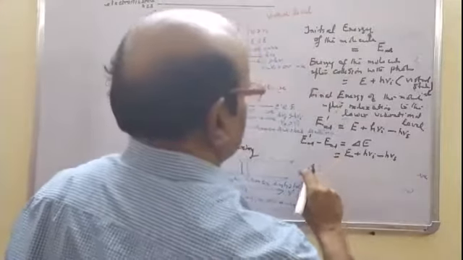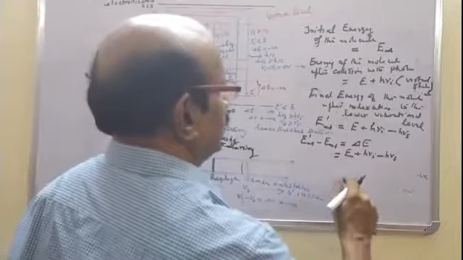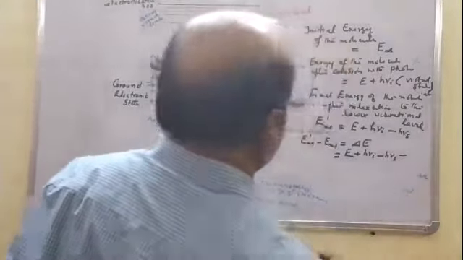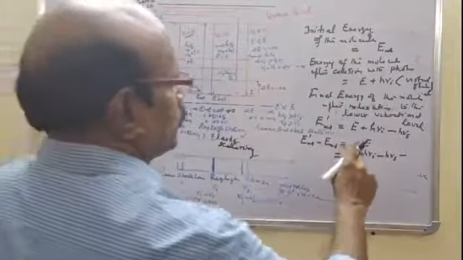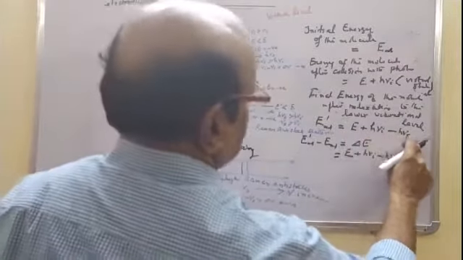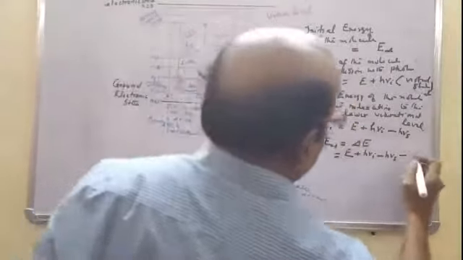Okay, that's minus. ഇത് നമ്മൾ എടുത്തു. E dash mole is E plus H nu I minus H nu S. Okay, that is E dash mole, then E mole.